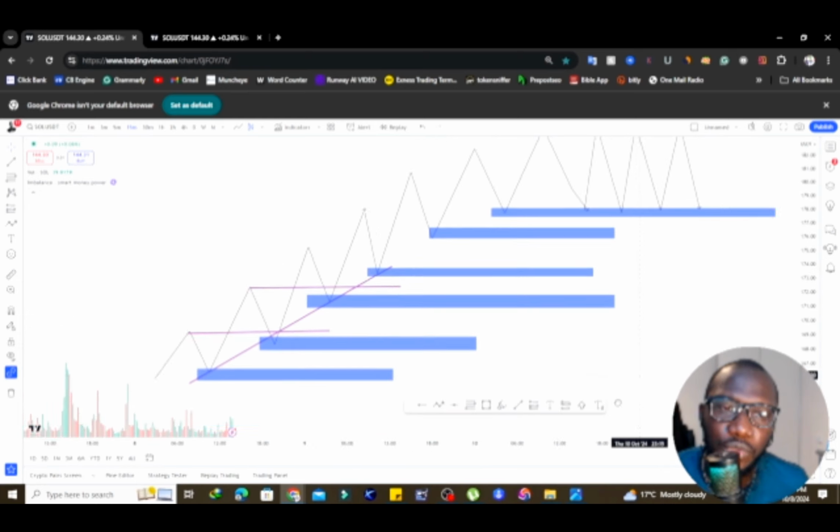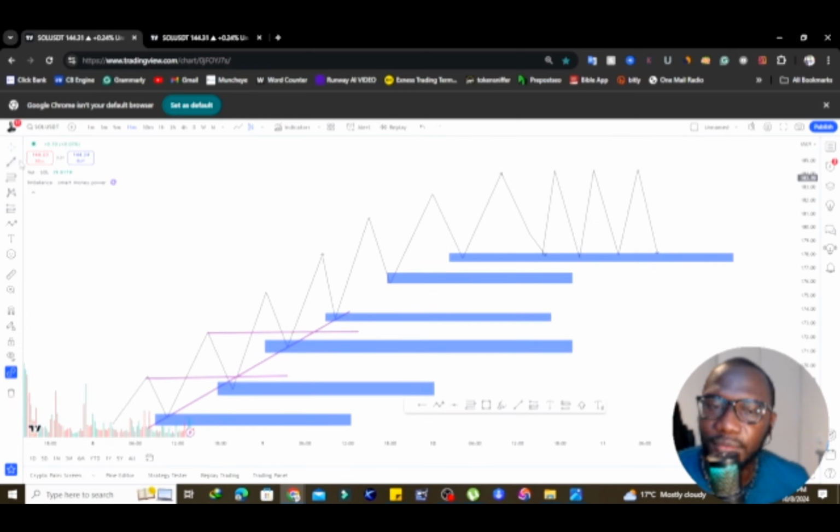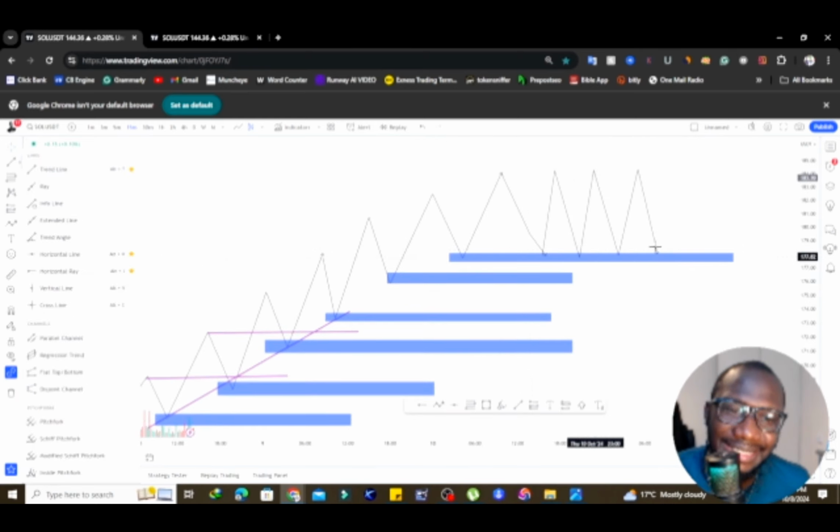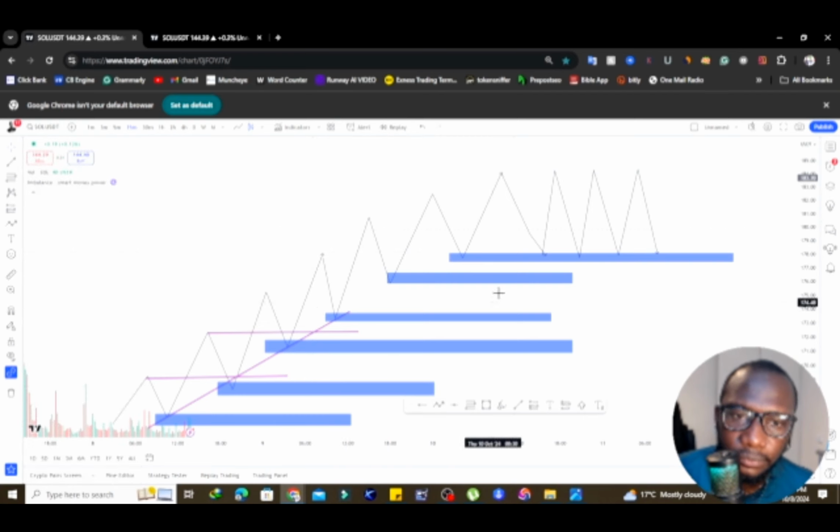Then if the market comes to a point where it doesn't break this level, I'm telling you something very important. Take note, it has not broken here yet. The market has not broken this zone. This is a key zone.